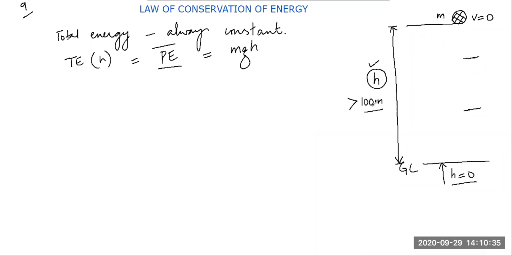It's a great height. Will the velocity here and when it touches the ground be the same or different? Different, because here the velocity is 0. As the ball is accelerating with acceleration 9.81 meter per second square, obviously its velocity will slowly increase.